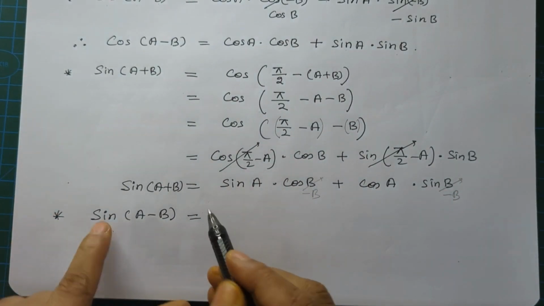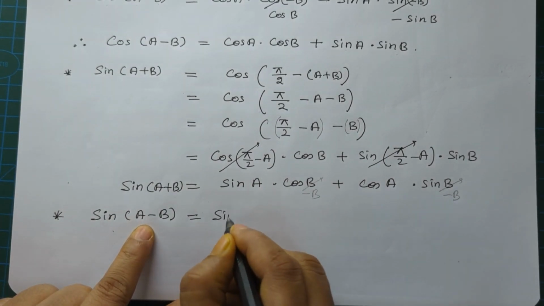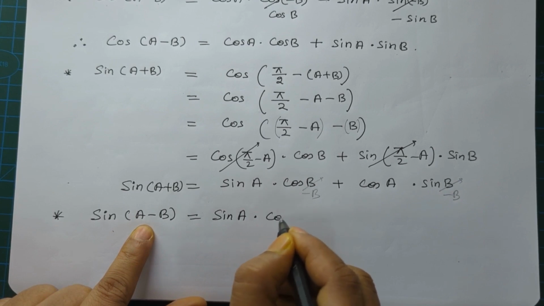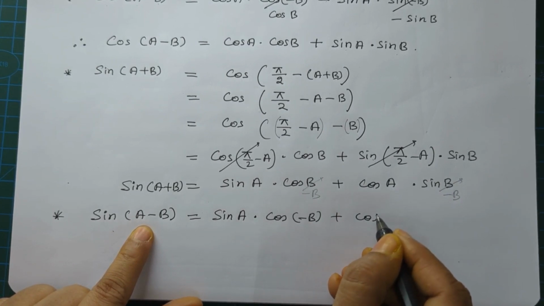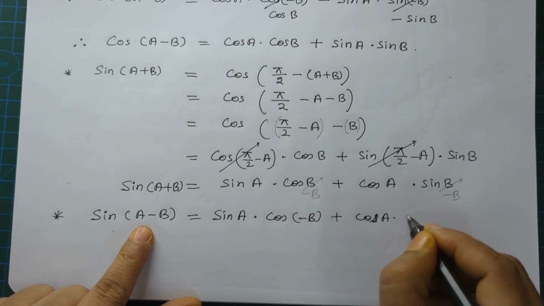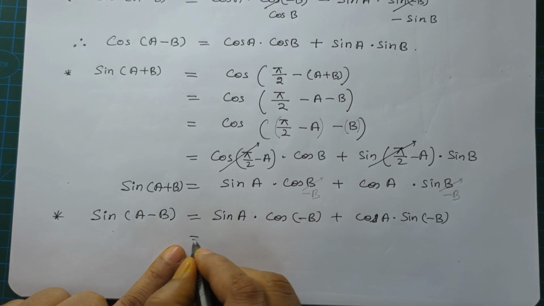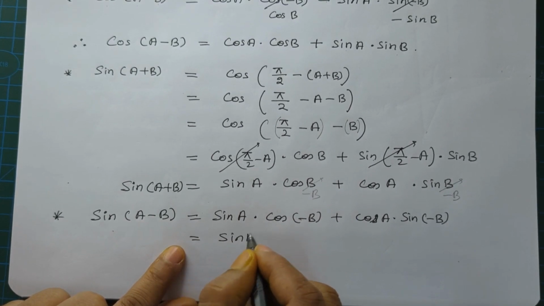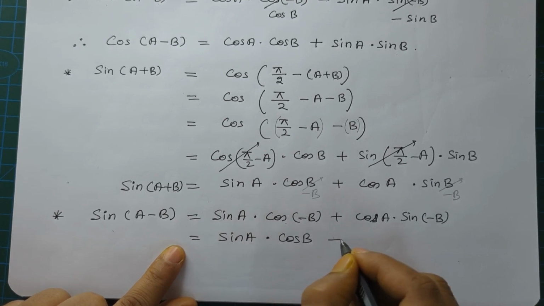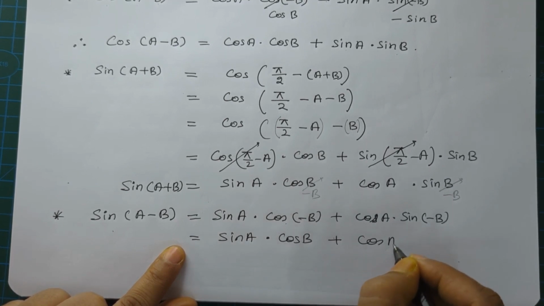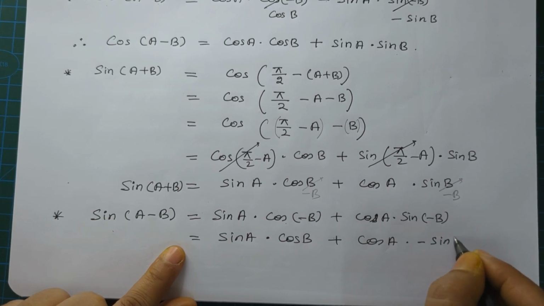Then sin(A − B), based on this identity, is sin A cos B, but B is negative, plus cos A sin B. So B is negative. Here we have sin A, cos of a negative angle is cos of that angle, plus cos A times sin of a negative angle, which is negative of sine of that angle.